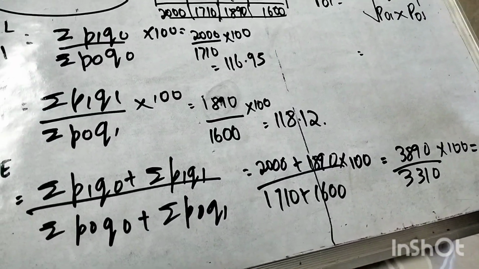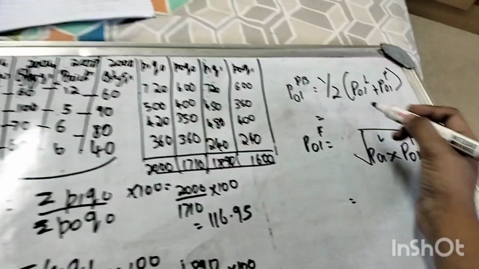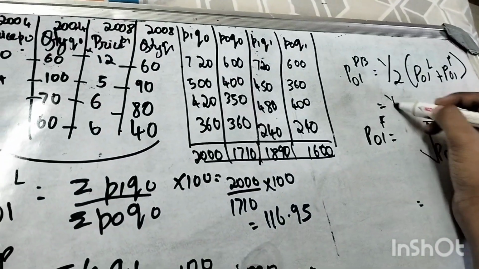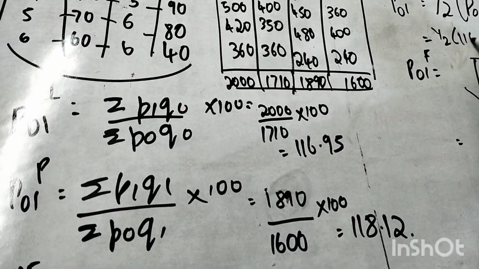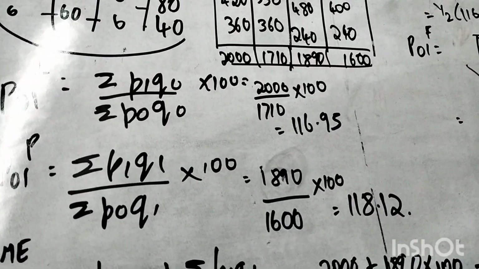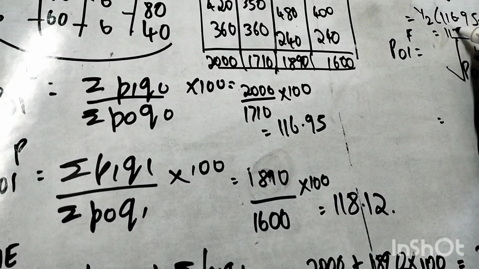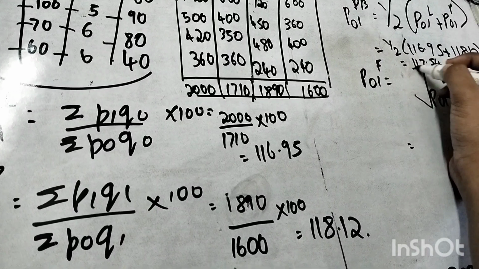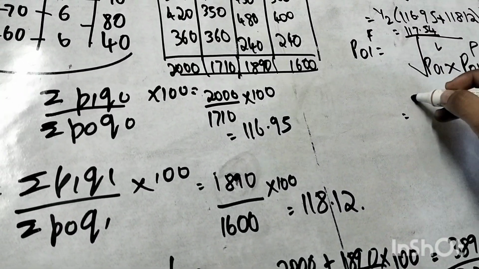So that's going to be 117.52. So Dorbish-Bowley's is half into P naught 1 of Laspeyres. We have got 116.95. P naught 1 of Paasche's, we've got 118.12. So you do this on the calci, you get 117.54. Okay, last one, Fisher's square root.